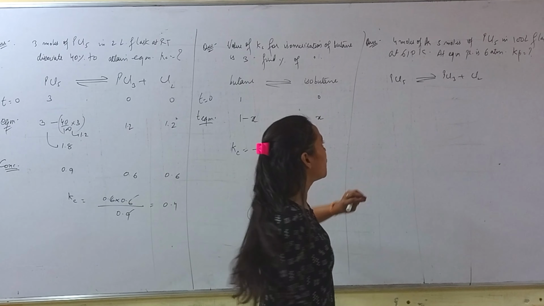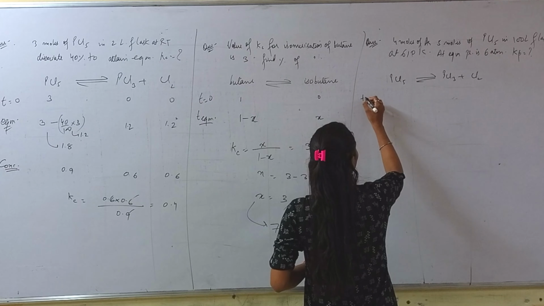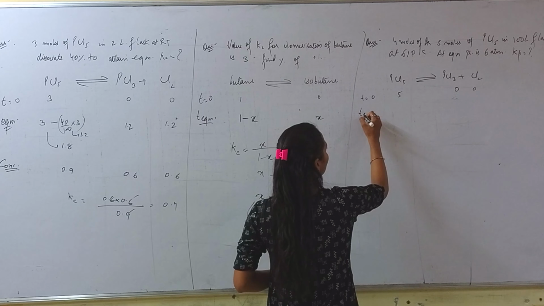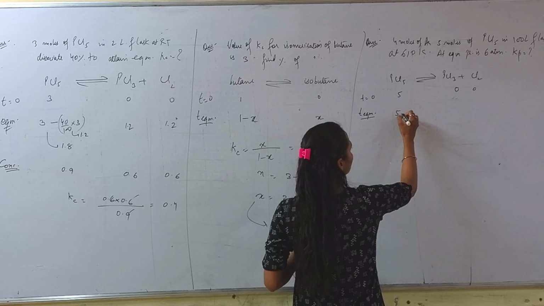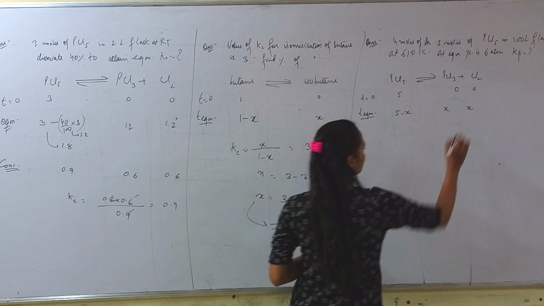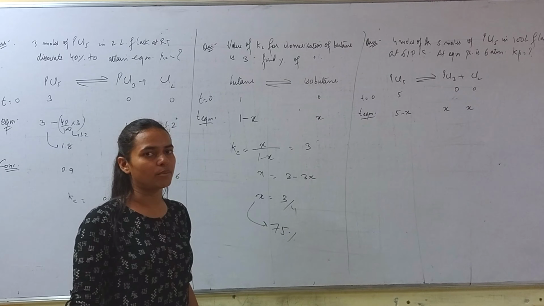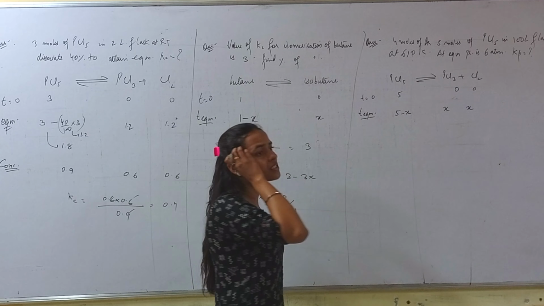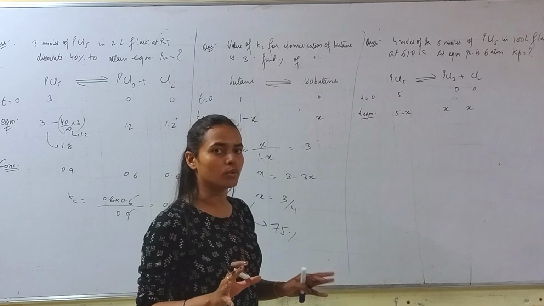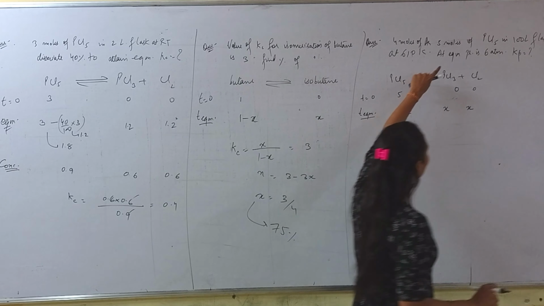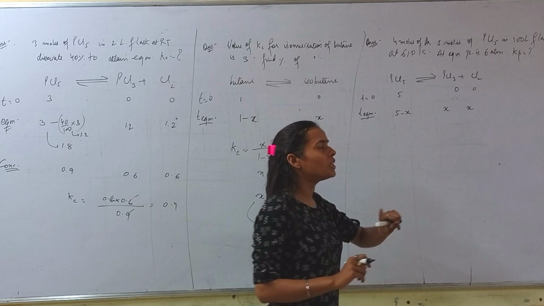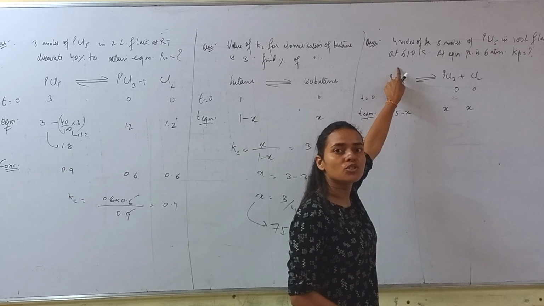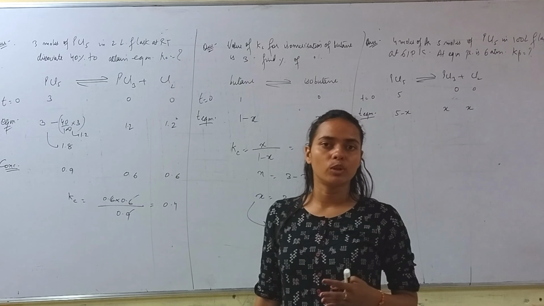Understand this? So at time equal to 0, they are giving us 5 moles, and this is 0. At equilibrium, our concept says this should be 5 minus x, and x, and x. But I need to know x, which I will get through the number of moles. In the question they are saying the equilibrium pressure; we know the equilibrium temperature, and we know the volume also.